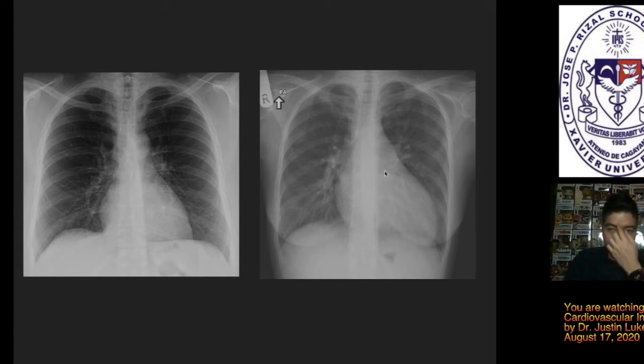I mentioned earlier that we can see a slope here that will help us identify if there is left atrial enlargement. So there is none. That slope is still preserved. So this is your typical LV cardiomegaly. No other chamber is enlarged.